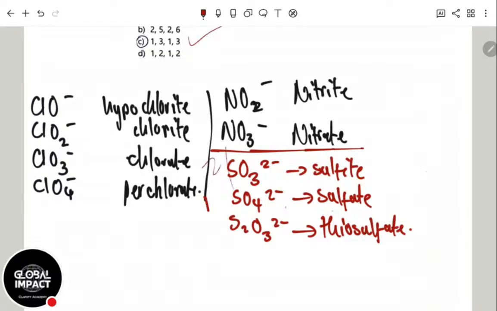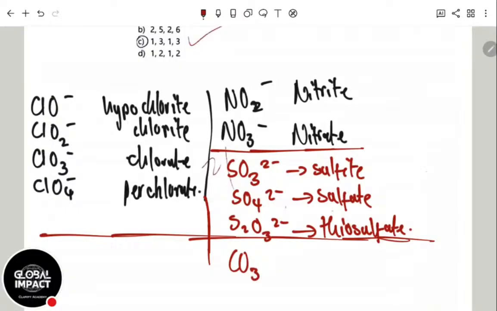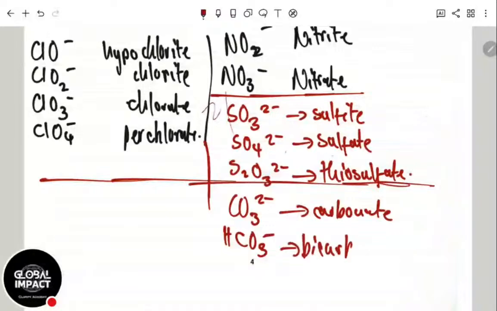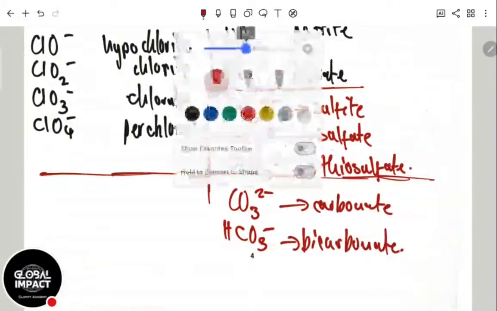Right? Then next will be carbon. We have CO3 and then HCO3. CO3 2 minus is the carbonate. Then HCO3 is a minus. This is going to be a bicarbonate. The moment I do bicarbonate for carbon, it takes me automatically to chromium.